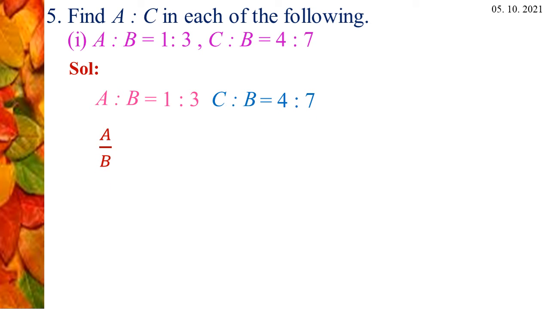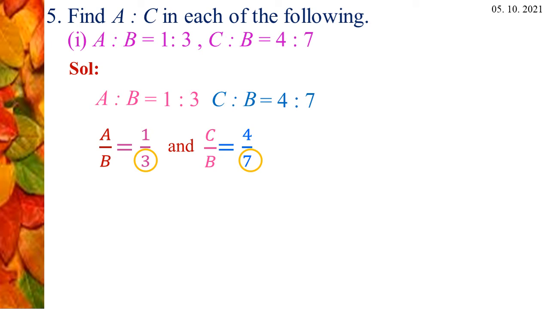A is to B means A by B, equal to 1 is to 3, which means 1 by 3. We get A by B equals 1 by 3. And C is to B means C by B, equal to 4 is to 7, which means 4 by 7. We get C by B equals 4 by 7.